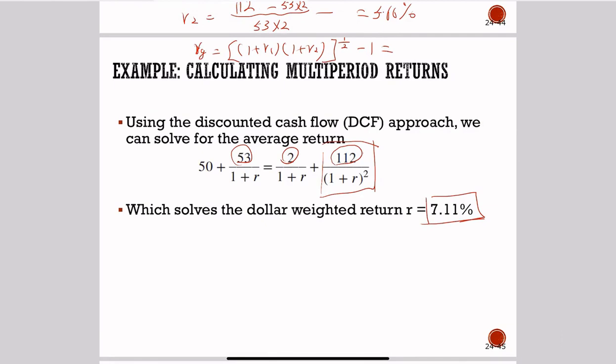So why does the dollar weighted average have a smaller value? The reason is because when you're calculating the dollar weighted return, this 112 is a large number. This implies that the second period return has a larger weight.